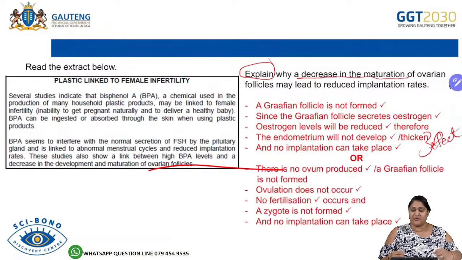Then the other point: you can either talk about how there's going to be no endometrium, or you can say there's no ovum produced, or the Graafian follicle is not formed, so ovulation does not occur. So there can be no fertilization. And if there's no fertilization, there's no zygote formed. If there's no zygote, it's not going to develop into anything. And therefore there will be no implantation taking place.